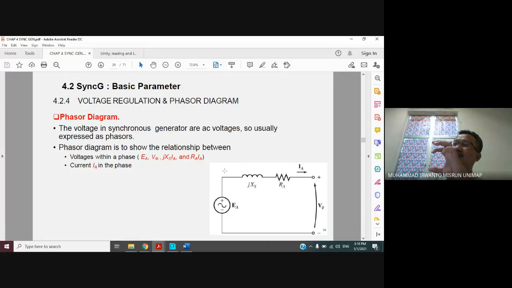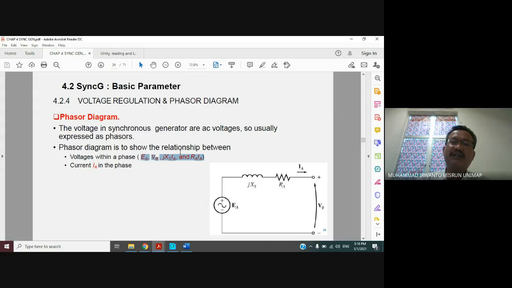The last is the phase voltage. When we want to draw the phasor diagram, remember we have these electrical parameters.